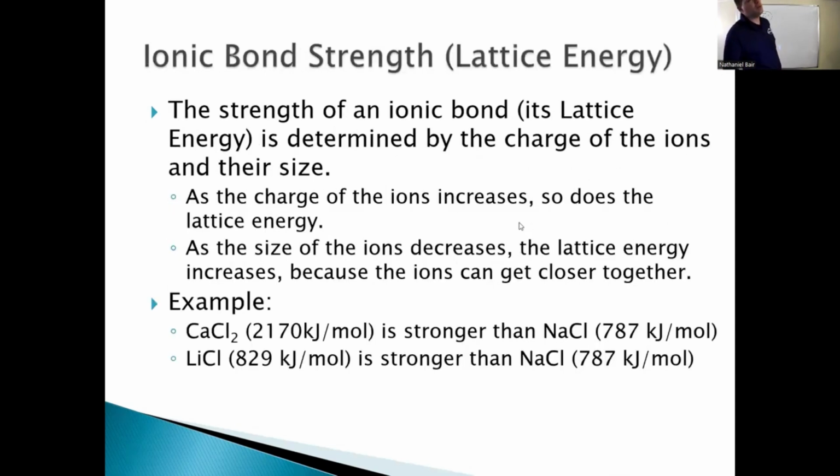Cool. So that's called lattice energy. A lot of times people overlook that on tests. There'll probably be some kind of question on lattice energy on the test. Make sure you know how to compare.